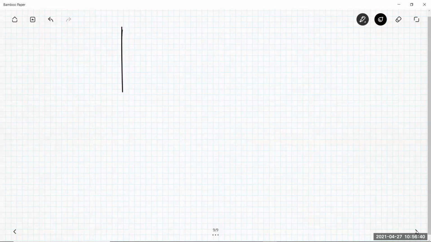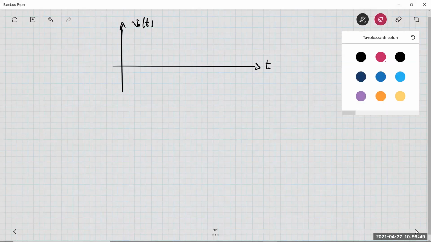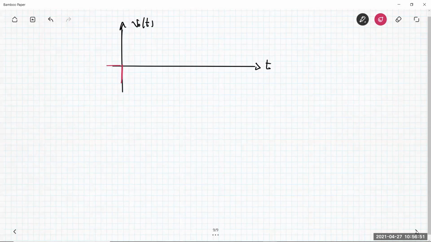Let me just sketch these cases. We have again negative voltage. TS over 2, negative VD 0.